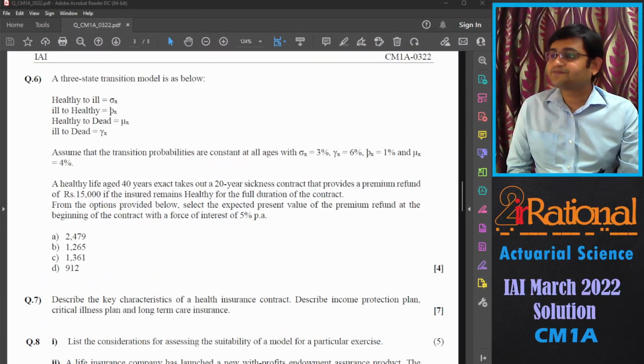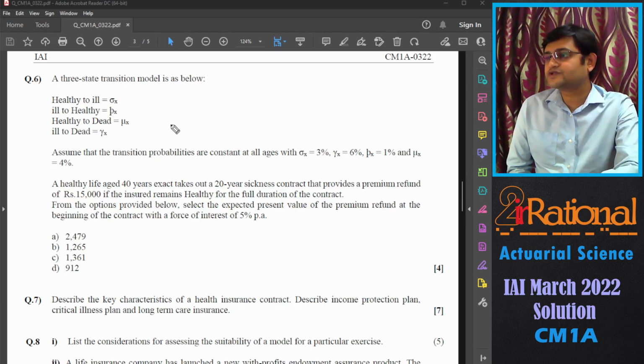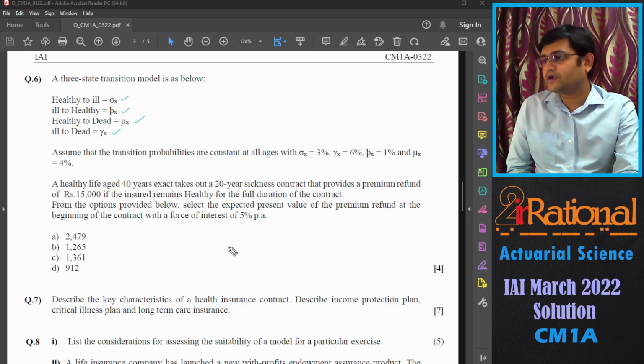Question number 6. A 3-state transition model is as below. They have given the forces of transition symbols for each one of them: healthy to ill, ill to healthy, healthy to dead, and ill to dead. Assume that the transition probabilities are constant at all ages, with the values given.